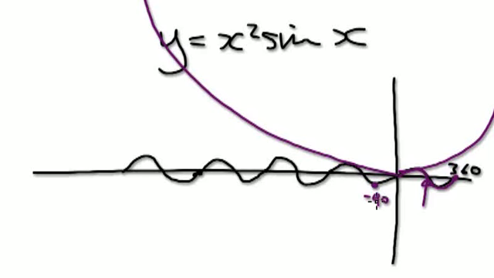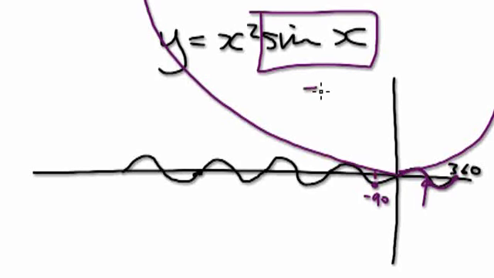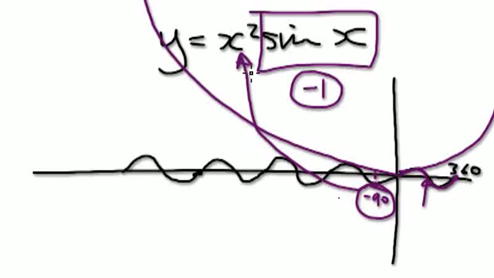At negative 90, don't forget, this is your x value. X equals negative 90. When you put negative 90 into here, this block becomes negative 1. Then negative 90 put into here becomes positive 90 squared.